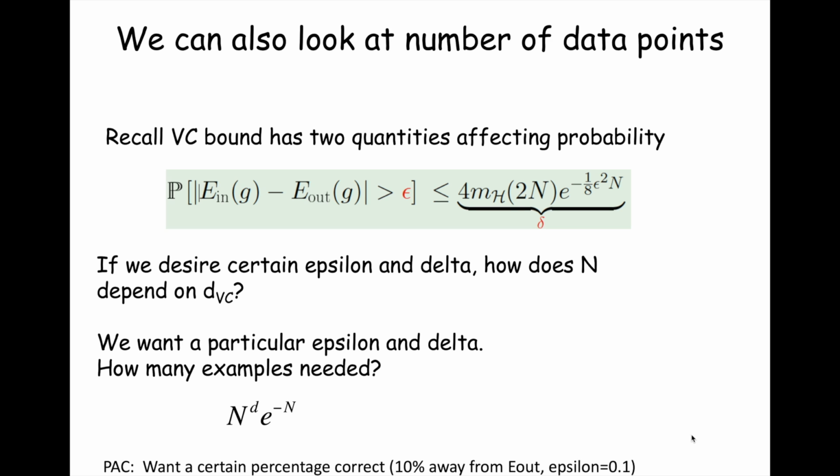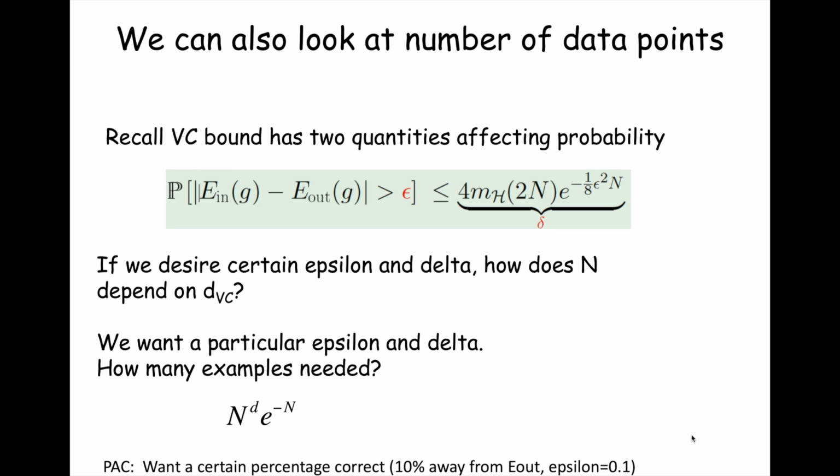And so if we look at characteristically the form of this VC bound, we have a decaying exponential, and the dominating parameter for that decaying exponential, yes, epsilon makes a difference, but the dominating factor is the size of the set of in-sample points n. So we have a decaying exponential governed by n, the data set size, and then we have a polynomial whose degree is d, which is dominated by essentially the VC dimension.